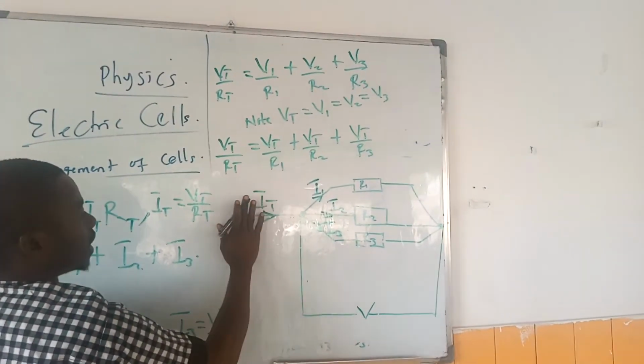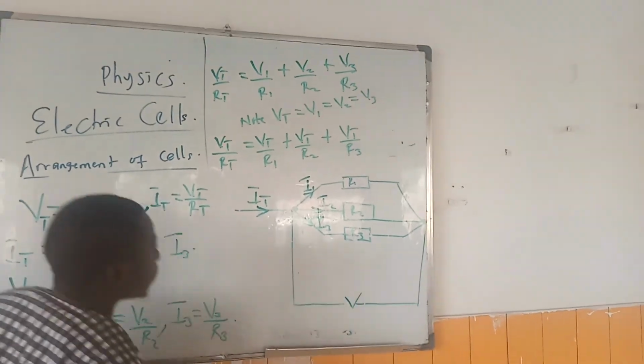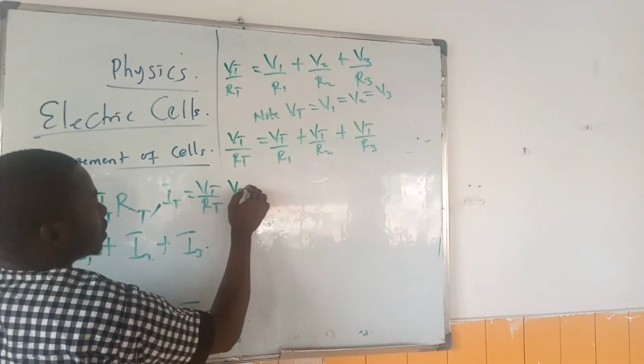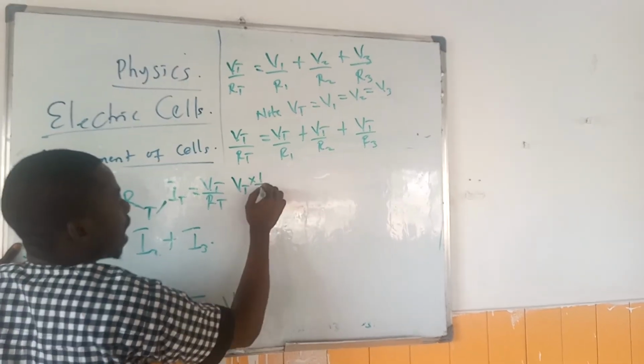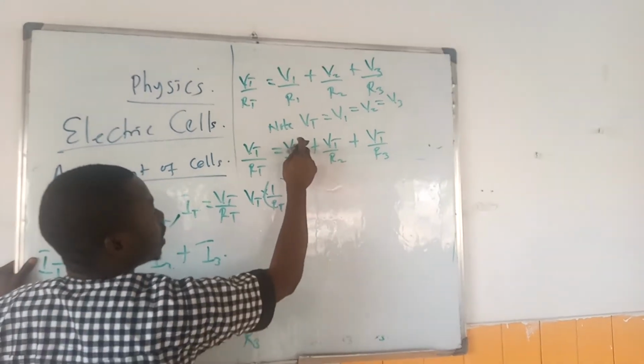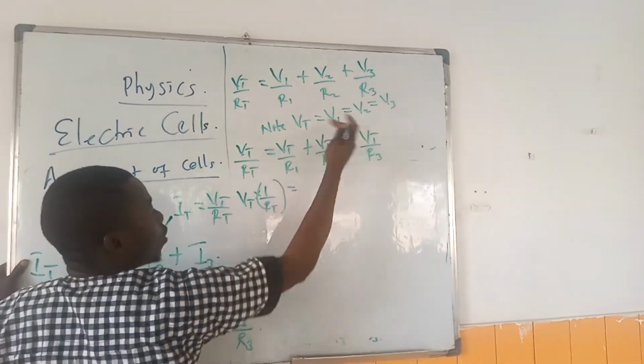Now, at the end of the day, this V total multiplied by 1 over R total is equal to this V total. V total is common, you can bring it out.